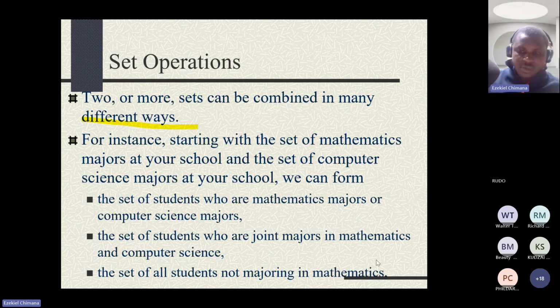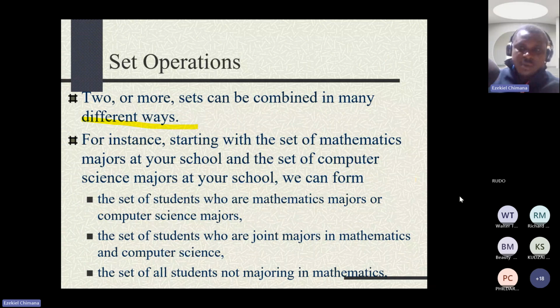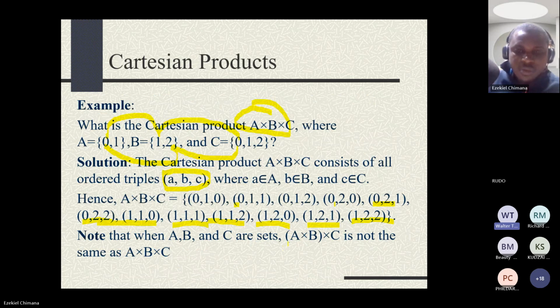Walter, do you want to say something? Yes, sorry. I wanted to ask about the Cartesian product A cross B in brackets, then cross C. We solve A cross B, and then you cross it with what?